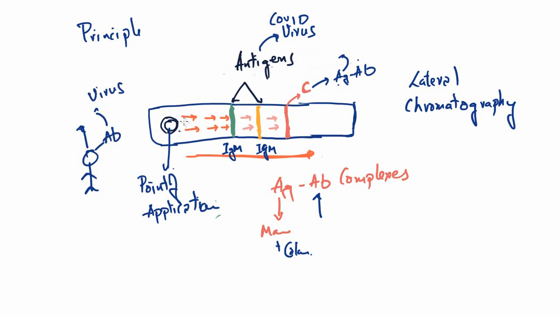Once the sample goes from this end to this end, at this particular point of reaction, the antigen antibody complexes are formed, and it produces a dark line over here. If it produces IgM, we indicate it as acute infection. If it produces IgG, we say it is a chronic infection. So this is the way the rapid test basically works.